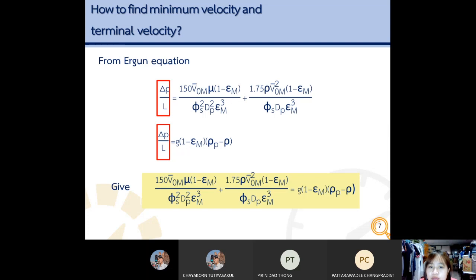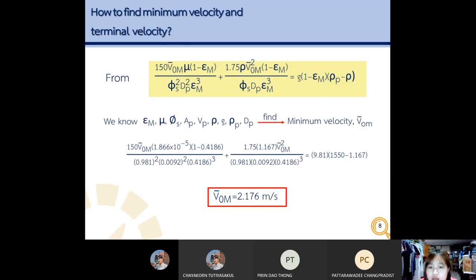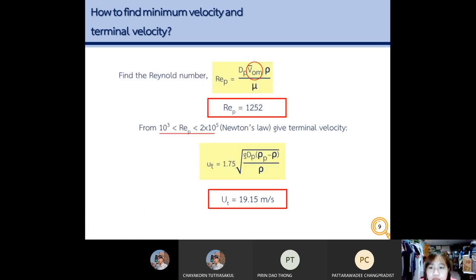We can calculate the minimum velocity from this equation that is derived from the Ergun equation. Substituting the variables into the equation, we got the value of minimum velocity that is 2.176 meters per second. We calculate the Reynolds number to find the characteristic of fluid flow.